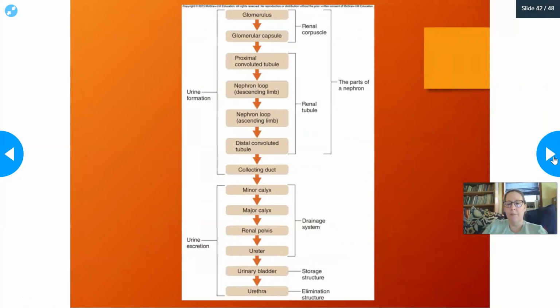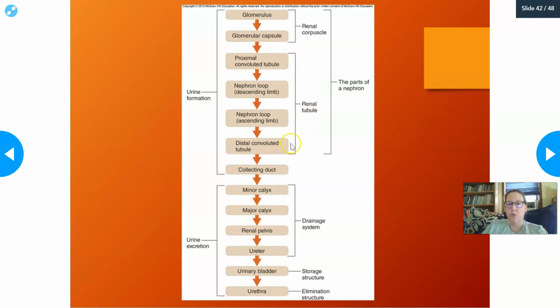If you recap this whole urine formation process, we start at the glomerulus, and we have filtration into the glomerular capsule. This is the renal corpuscle there. Then the filtrate enters the proximal convoluted tubule. Then it goes down the descending nephron loop, ascending nephron loop, and then into the distal convoluted tubule, where tubular reabsorption and tubular secretion happen.